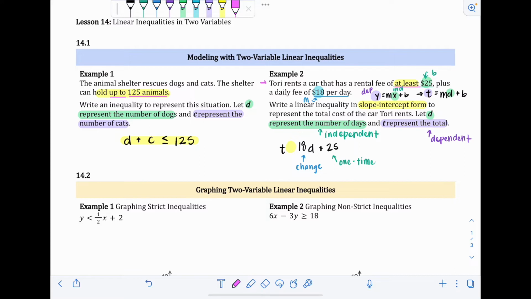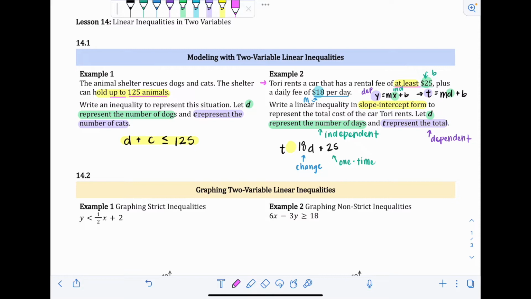Tori rents a car that has a rental fee of at least $25 plus a daily fee of $18 per day. So if it's at least, that means she's going to be spending at least that much. She may be spending more. So she could be spending that, or she could be spending more depending on the situation. So that means her total would have to be greater than or equal to. So it can be that much or it's more.